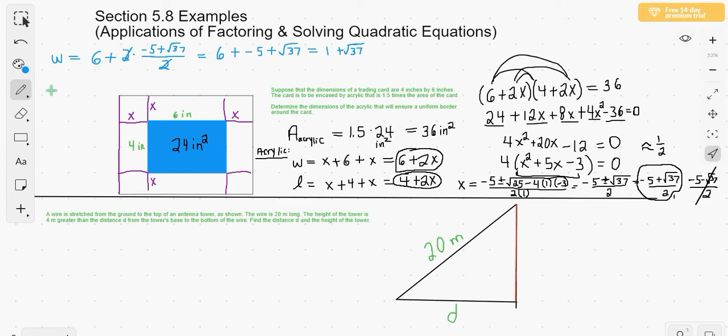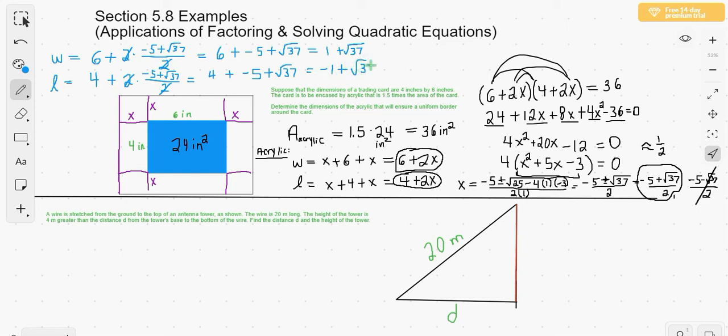For the length, remember the length down here is 4 plus 2x. So we have 4 plus 2 times negative 5 plus root 37 over 2. But again, these 2's cancel. And we just have 4 plus negative 5 plus root 37, which is negative 1 plus root 37.